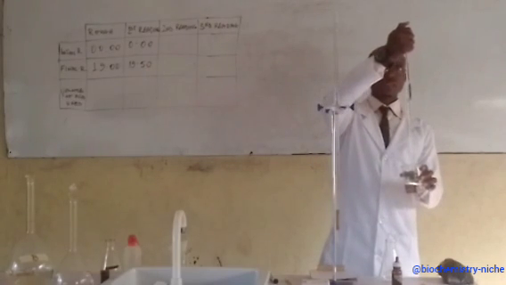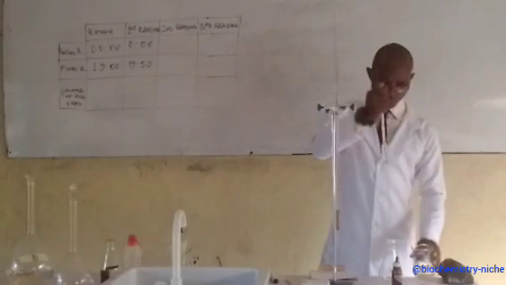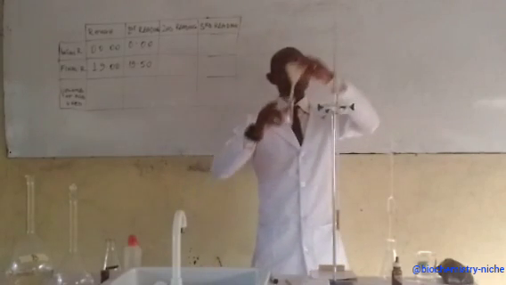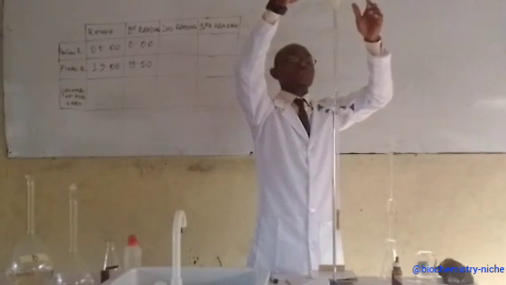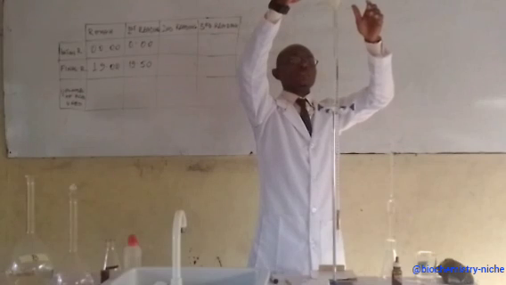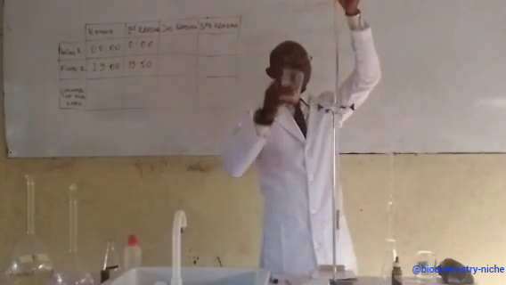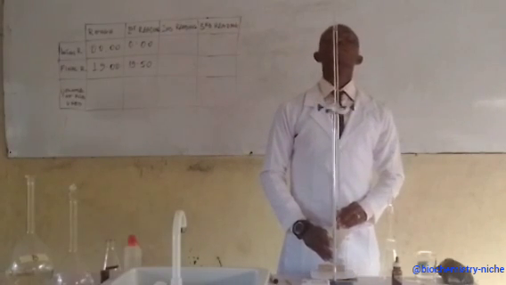Alright. So we need to zero this carefully. Alright, so I'm emptying into the conical flask now. Let me fill up my burette once more. Alright, so I have this done.